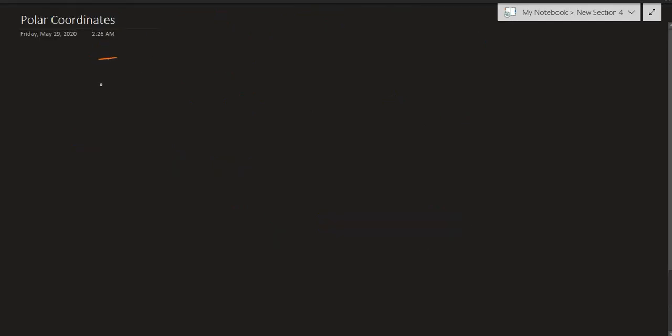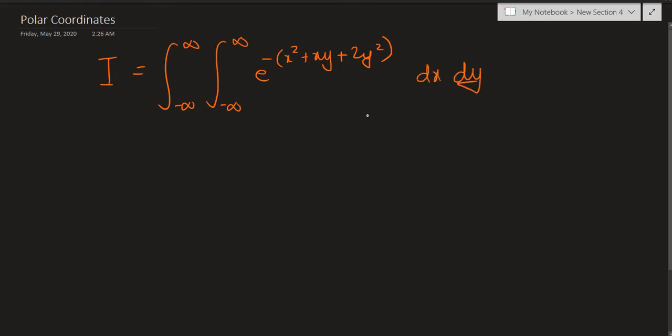So we obtained that I is nothing but the integral from negative infinity to infinity of the integral from negative infinity to infinity of e raised to negative x squared plus xy plus 2y squared, and a dx dy term here.